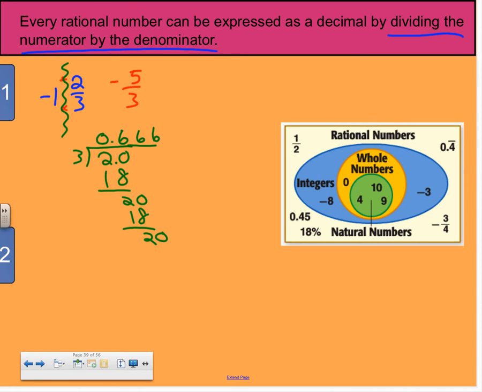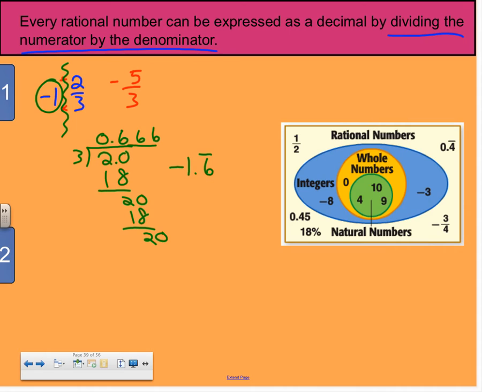So if we want to write this out, don't forget, we're going to take the whole number, the integer that was out front, and we're going to get negative 1.6, and then we can just go with repeating. All right? So the only difference between the first example and the second example is a little work to do, such as splitting the whole number from the fraction or turning it into an improper fraction, whichever way you prefer.